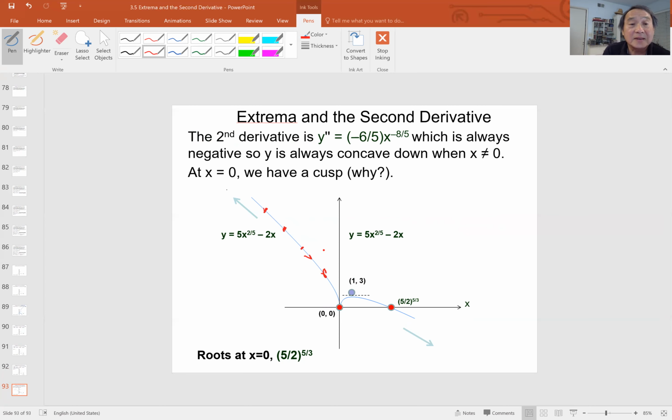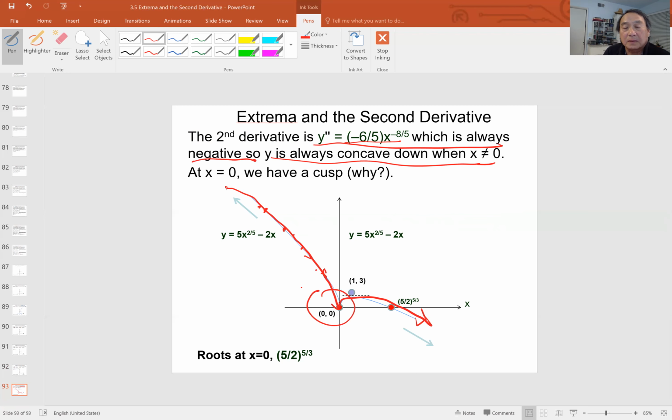That means the second derivative is negative all the time. Therefore, the second derivative tells you that on this side the curve must keep making a right turn, and afterwards you have to go up and keep making a right turn. Because the second derivative is always negative, it's always coming down, and you create a cusp over there.